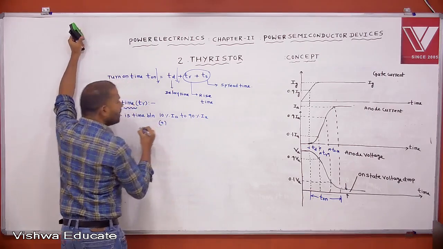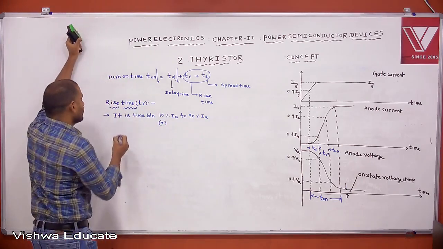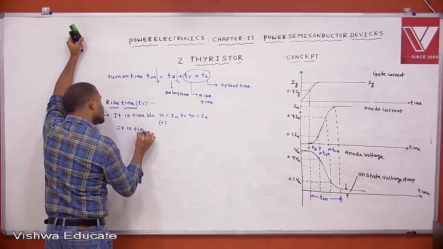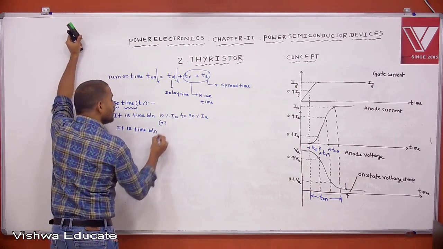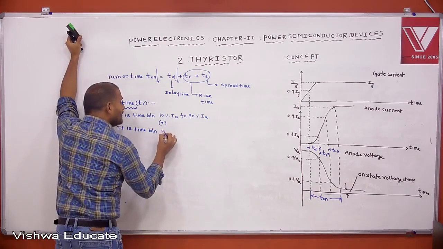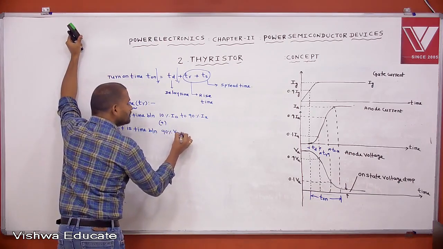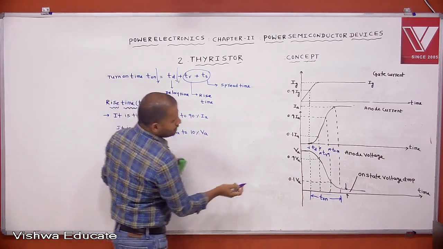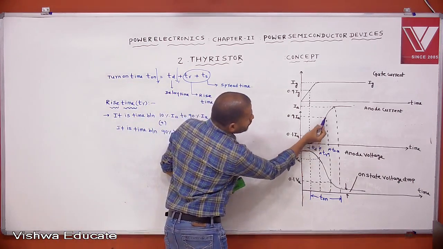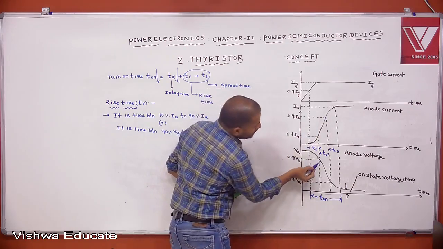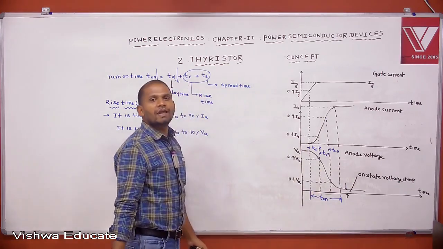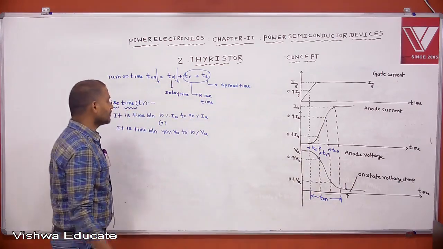Or with respect to voltage, it is the time between 90% VA to 10% VA. This time is taken as rise time.